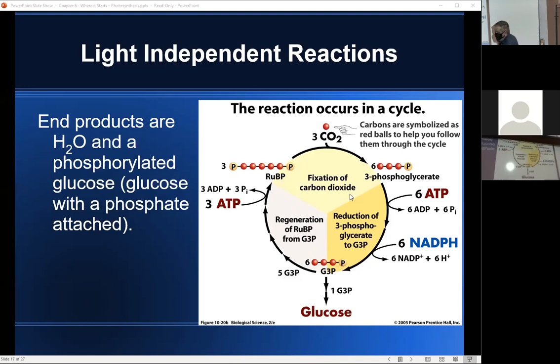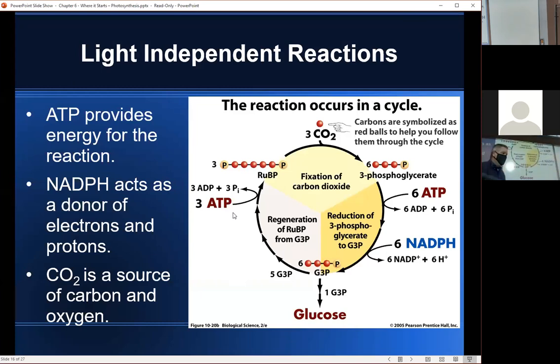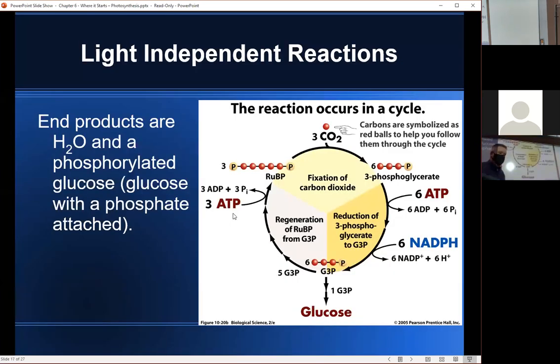As you can see from this figure, there are 3 steps to the light-independent reactions, or the Calvin-Benson cycle. We have the carbon fixation step. That's where we take carbon dioxide from the air and we join it to another molecule so it can enter the cycle.